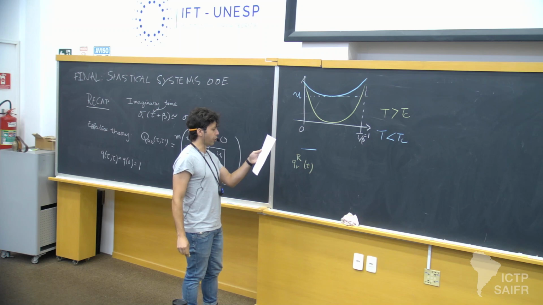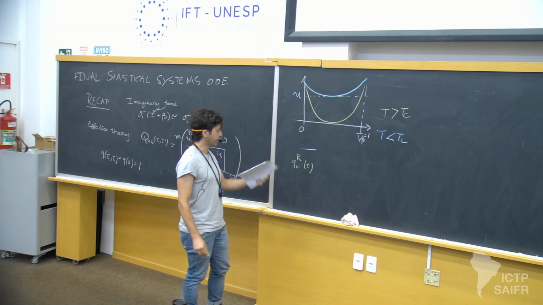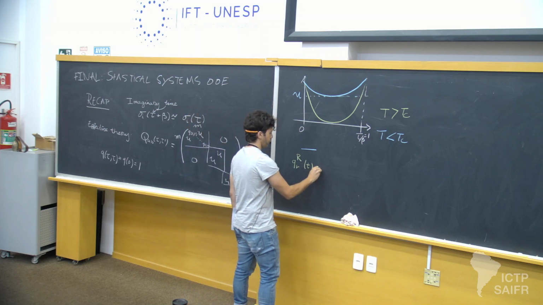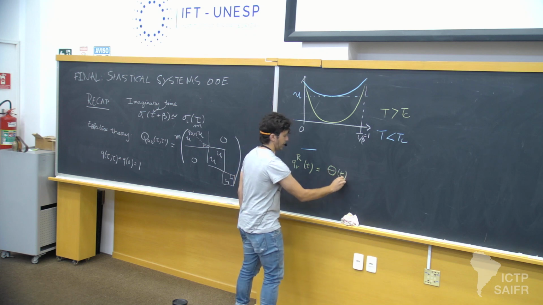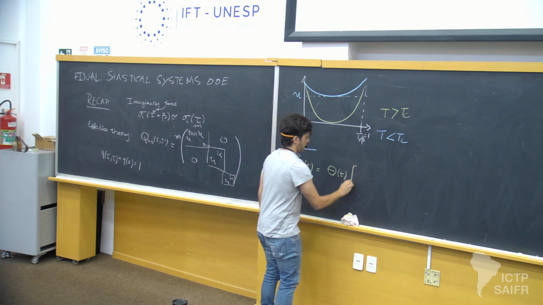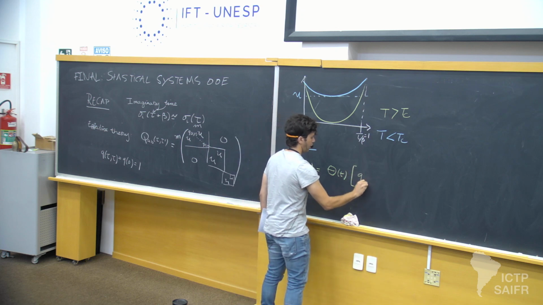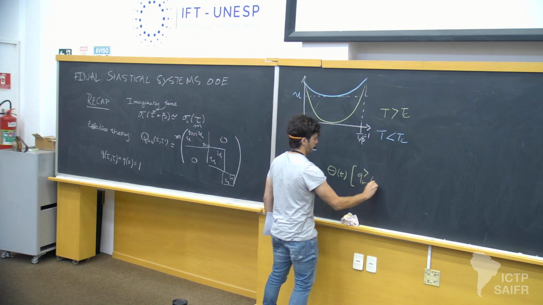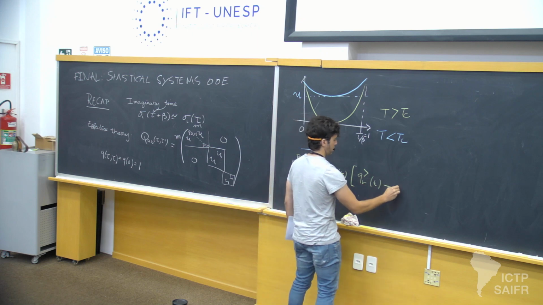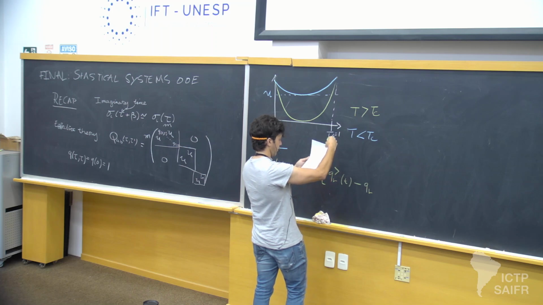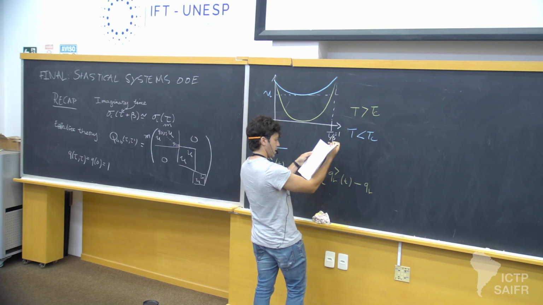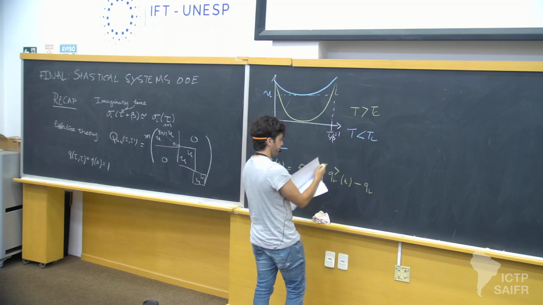And Q^R retarded of real time was something like theta of t times q^R of t minus q^R. Let's see, let me get it right.